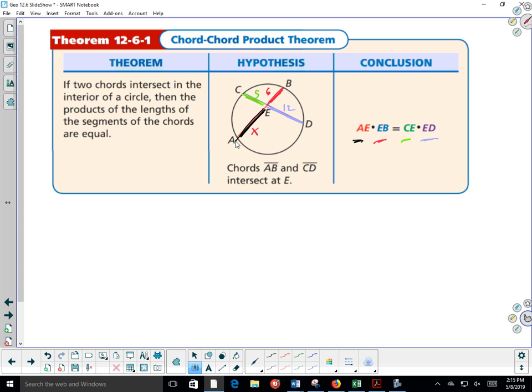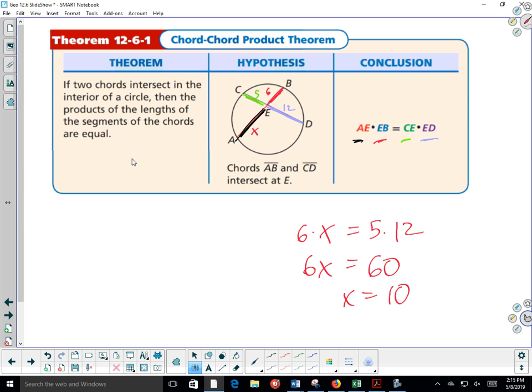Alex? My made-up example here. All right, so 6 times x has to equal 5 times 12. So I get 6x equals 60. So x is equal to 10. Are we okay with this?